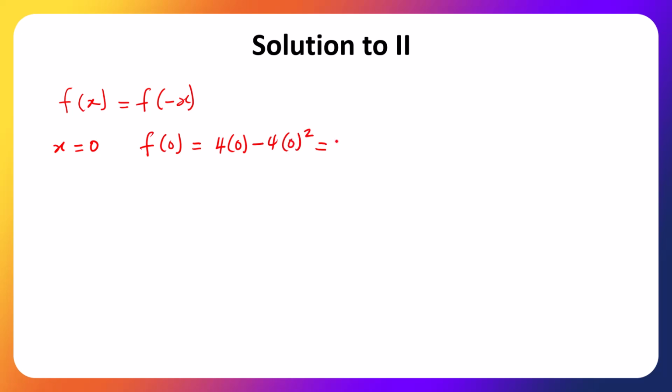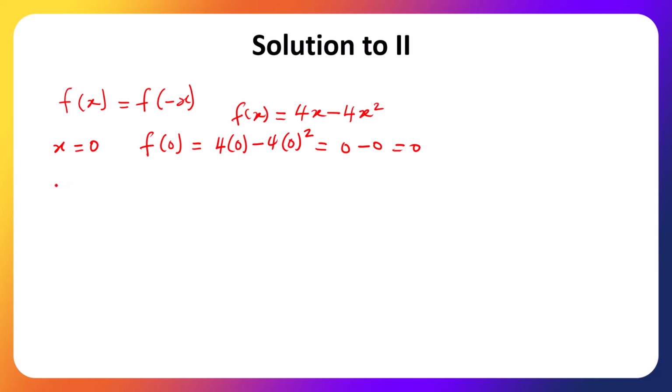And this gives us 0 minus 0, which is equal to 0. This is for a function where f of x is equal to 4x minus 4x squared.